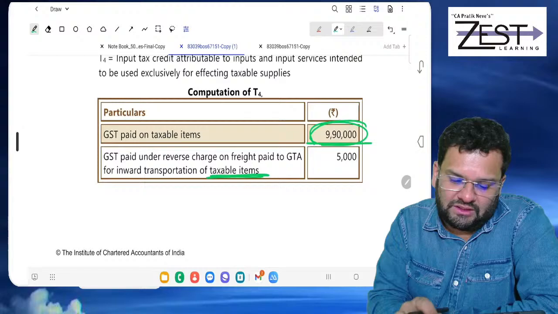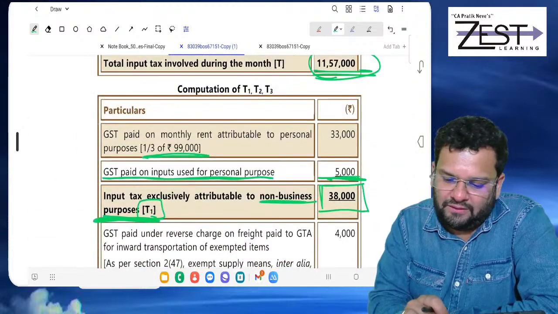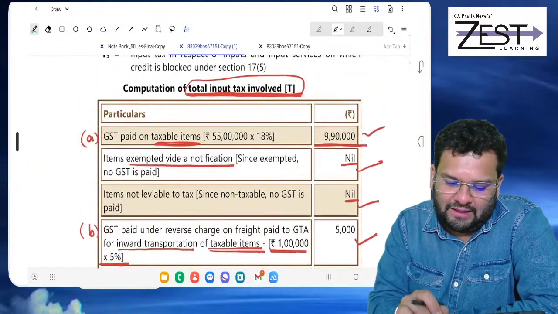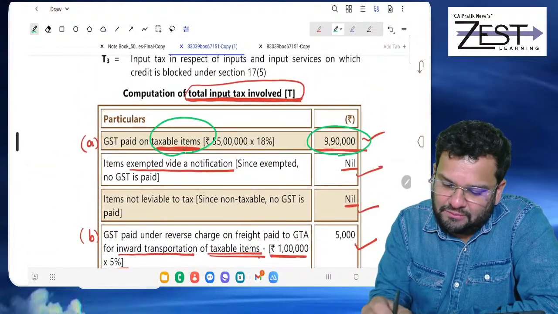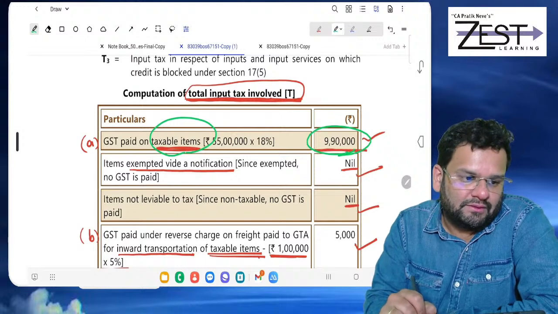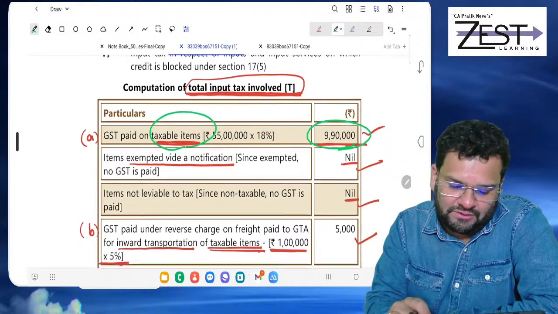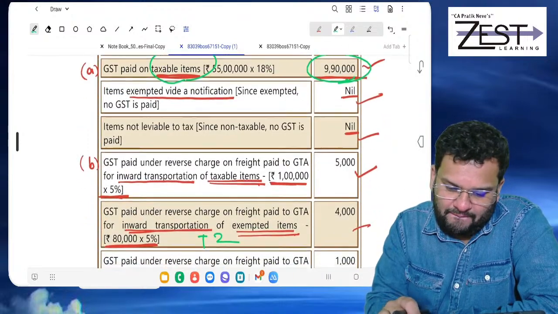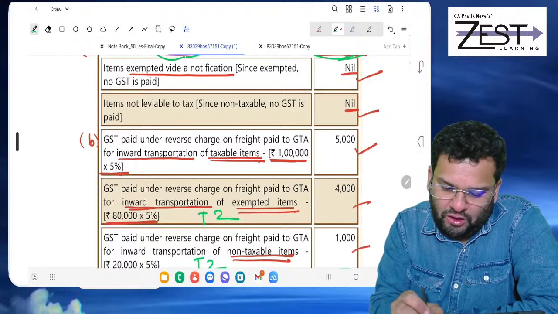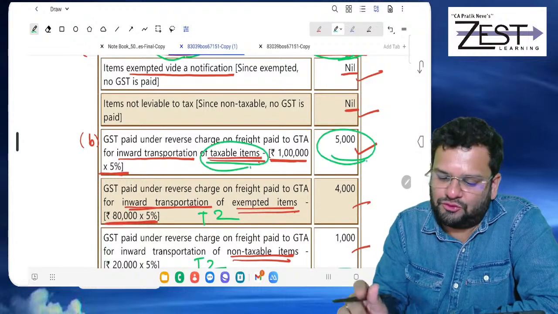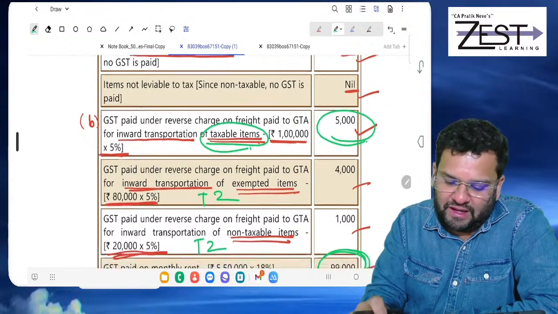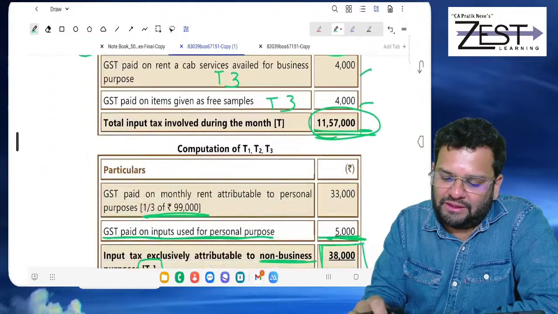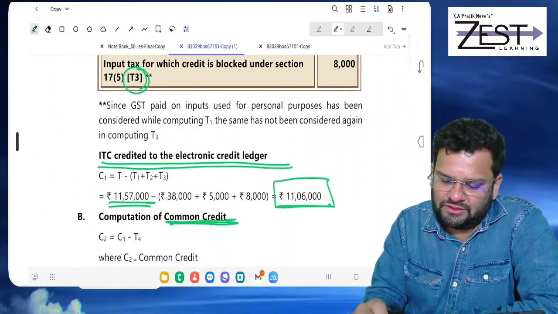See, if you see this, you will find that GST paid on taxable items 990. This is exclusively for taxable items. Secondly, GST paid for taxable items 5,000. So this 990 plus 5, 995 is for exclusively taxable items, isn't it?